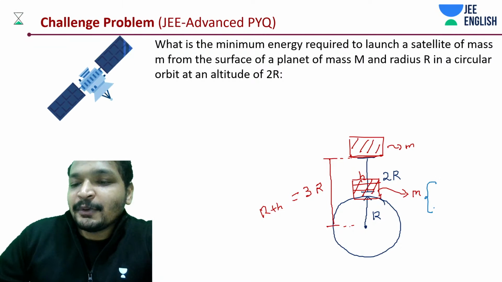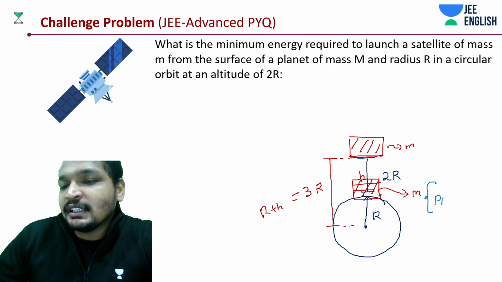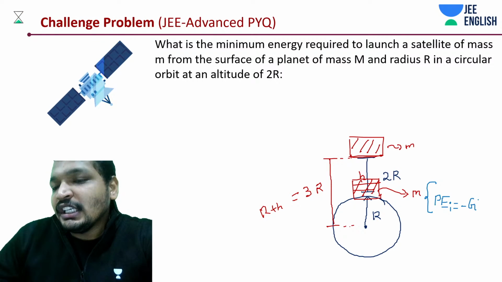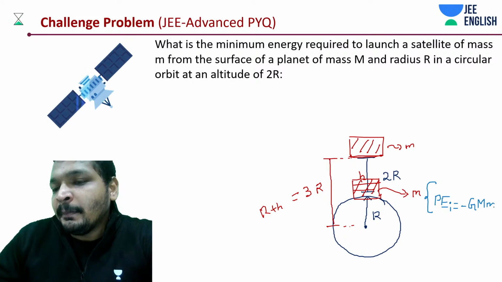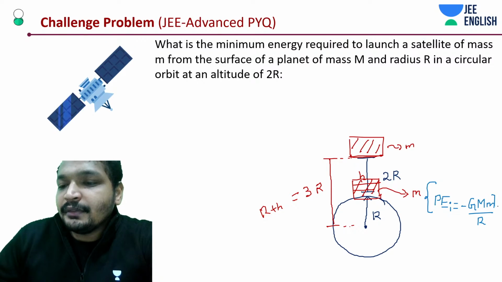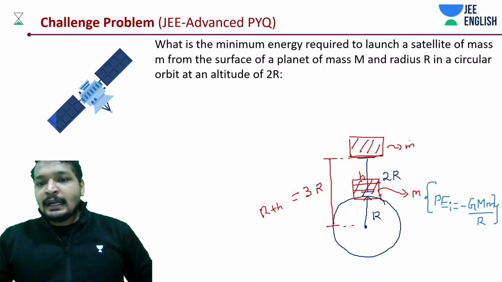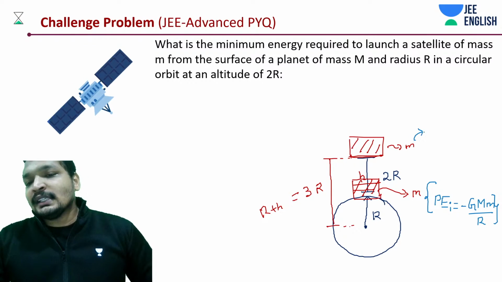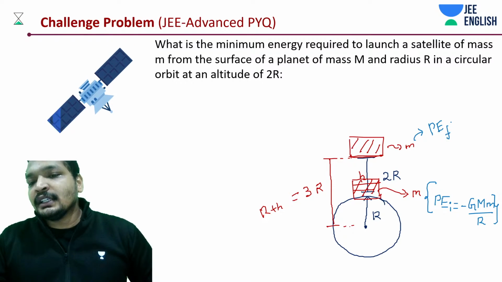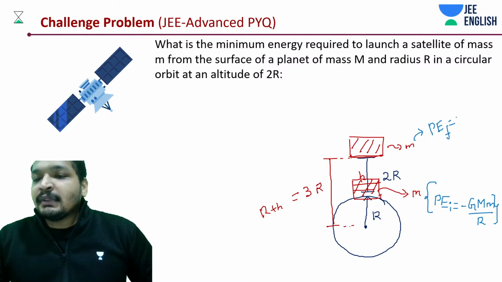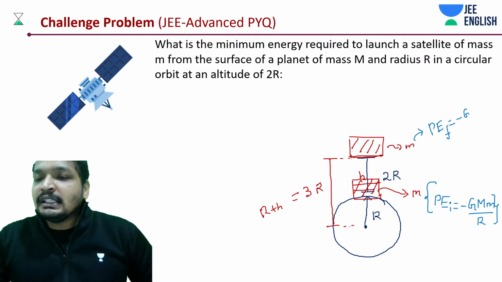It's the simplest potential energy ever it can be. Potential energy initial is something like minus GM divided by capital R. And at this point, what is the final potential energy? It's something like minus GM by 3R.